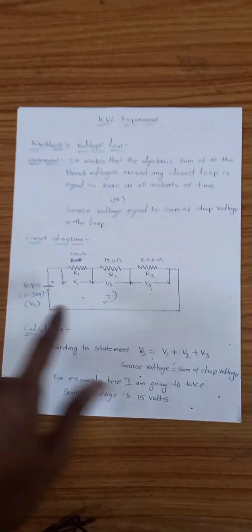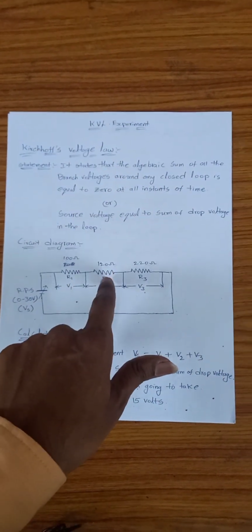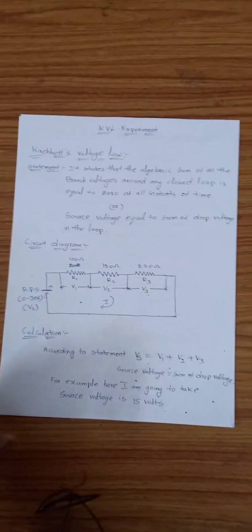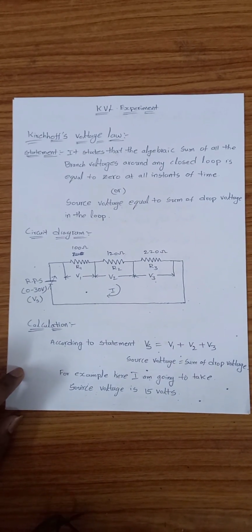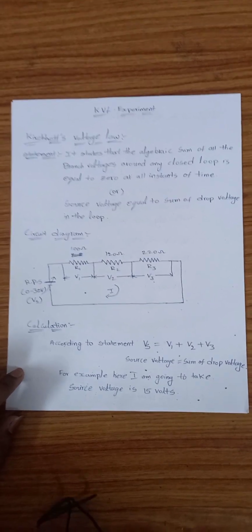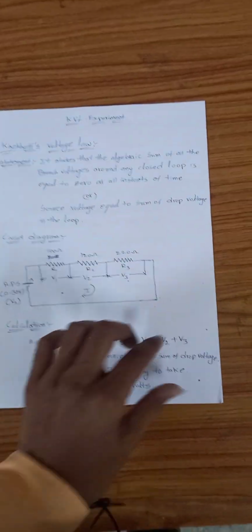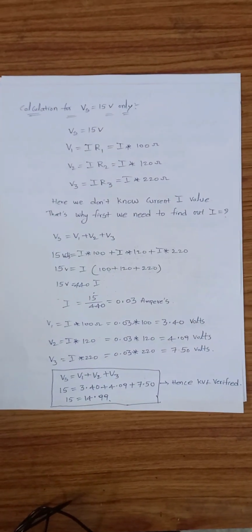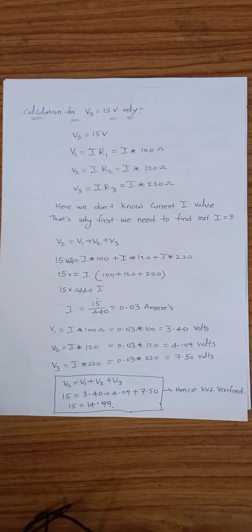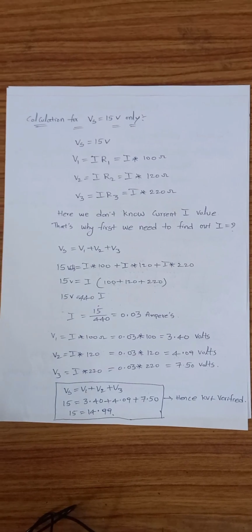Here in our kit we are taking 100 ohms, 120 ohms and 220 ohms, but in your kit the resistance values may be different, so you have to take those values. This is the entire calculation part.